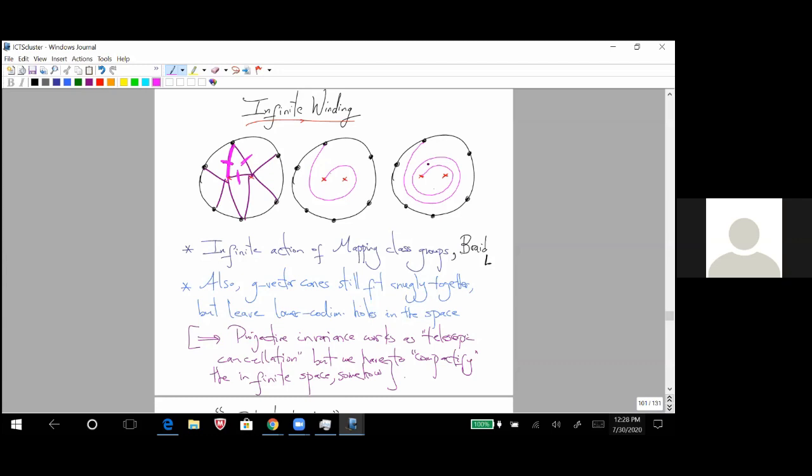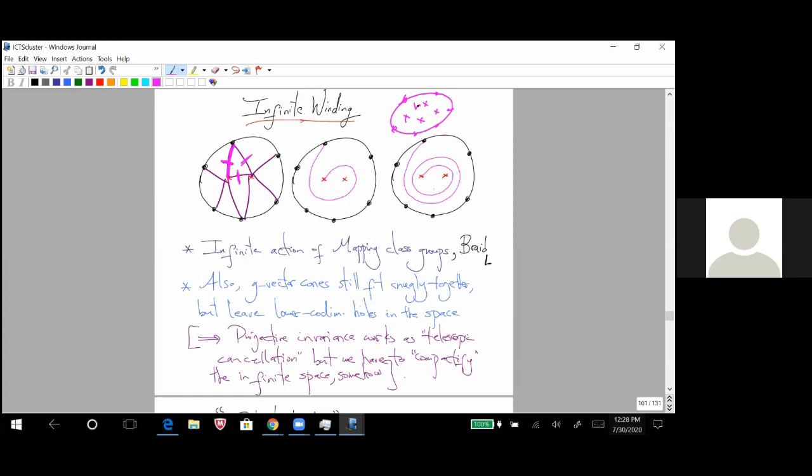Now, if I'm just talking about planar diagrams, so just a disk with endpoints on the outside, but L punctures, then the mapping class group in that case is just a braid group. Okay, so that makes sense.